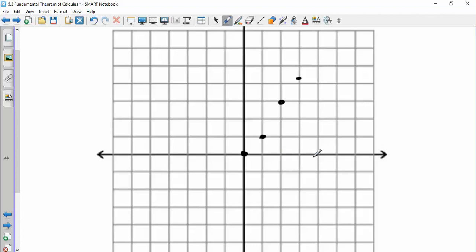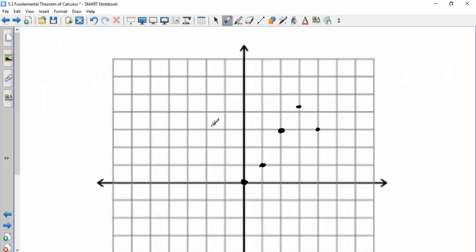G of 4 is back to 3, wasn't it? And G of 5 was 1.75. And then draw in a curve. So that is essentially what the graph of g looks like, the antiderivative.